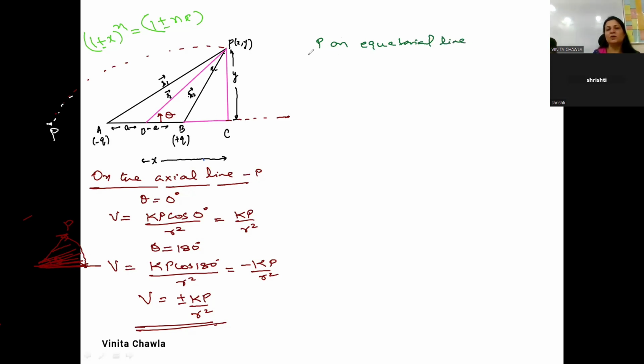If this point P lies on equatorial line, then what? See, if this point P is here, this is the equatorial point, na? This point is perpendicular to the dipole, right? If this point P lies here, then what is the value of theta? Theta is 90 degree here. So we can find electric potential at this point.